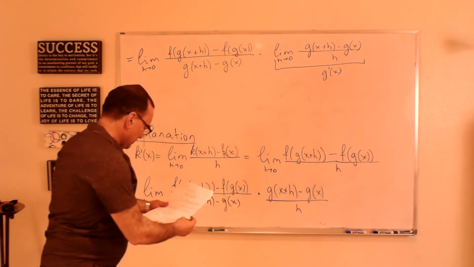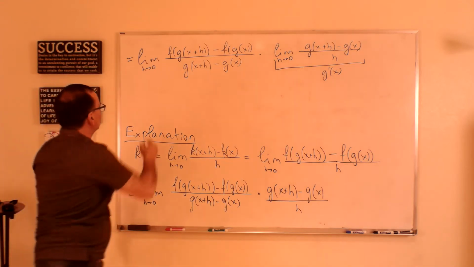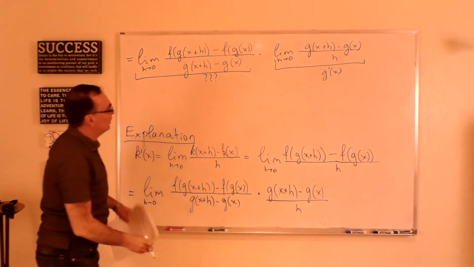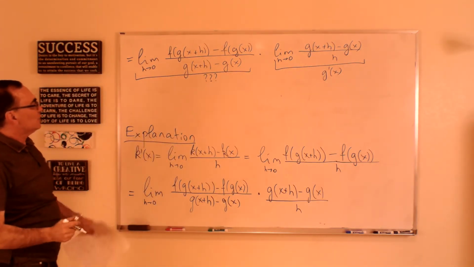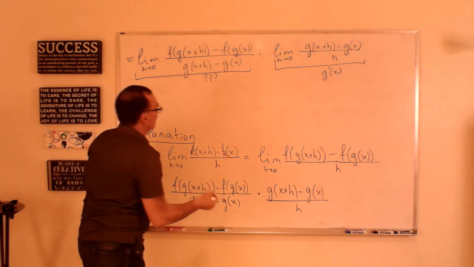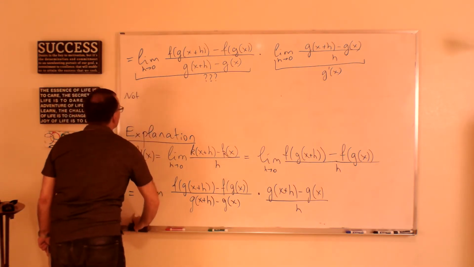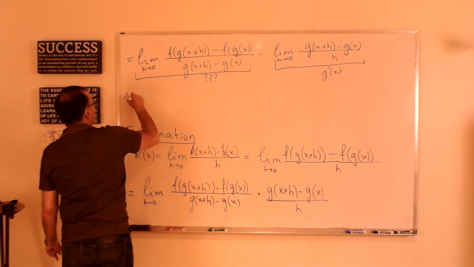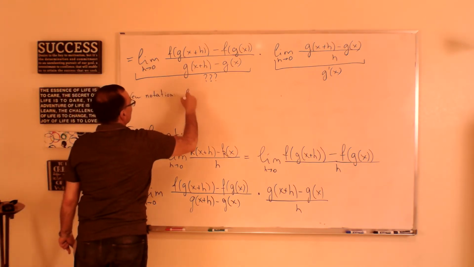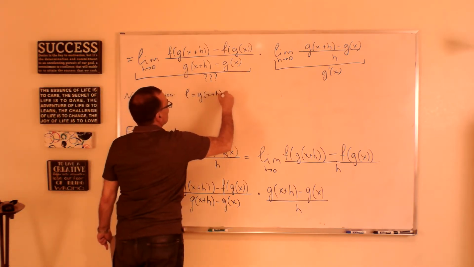Now the first limit is a little bit more complicated. In order to calculate this first limit, let's introduce a new notation. For example, let's call it L. L will be g of x plus h minus g of x.